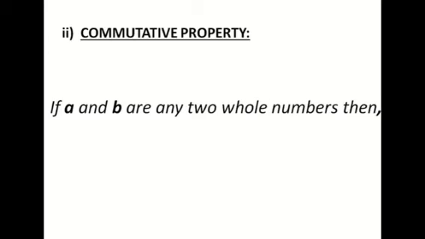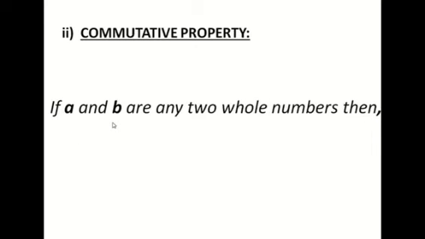As we have discussed the commutative property, now we will express this property in general form. So, let's take A and B as two whole numbers. If we multiply A and B, and if we interchange their place, the product will be B into A. They will be equal. So, look at the statement here.